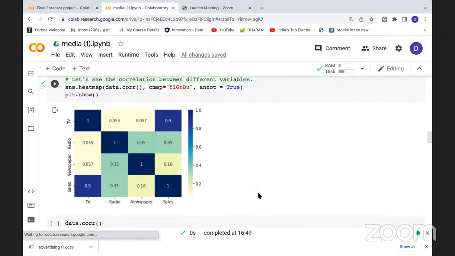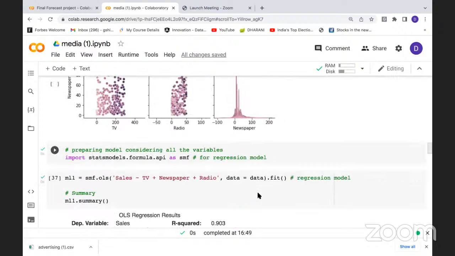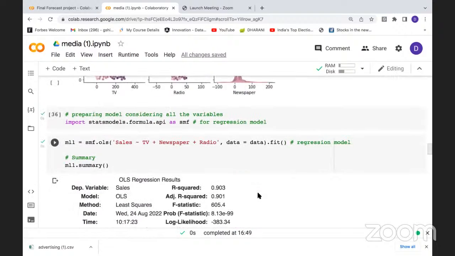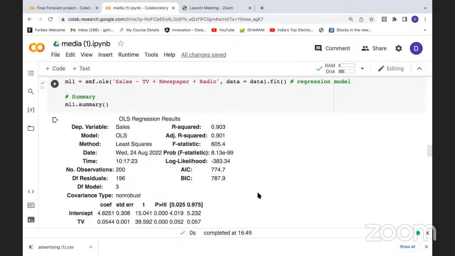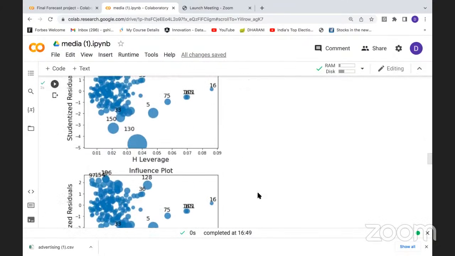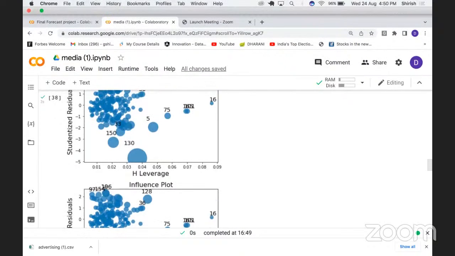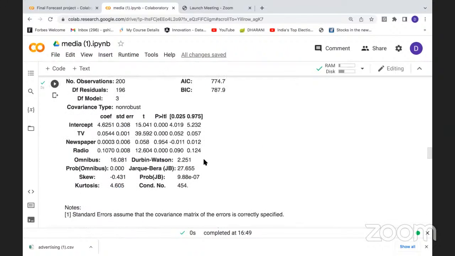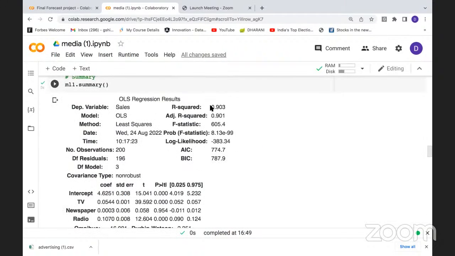So what you have to do is, if at all you want to, apply some log of newspaper, apply some kind of transformation, and you can check. Sometimes here we did not observe much difference in your R square value, because already it is 0.90. But yes, sometimes we get to see that the R square value would increase.